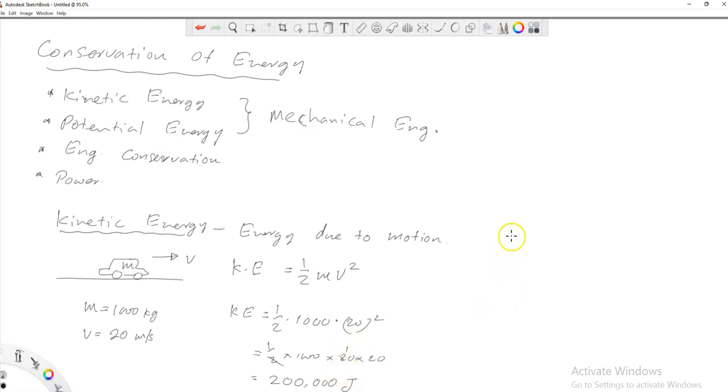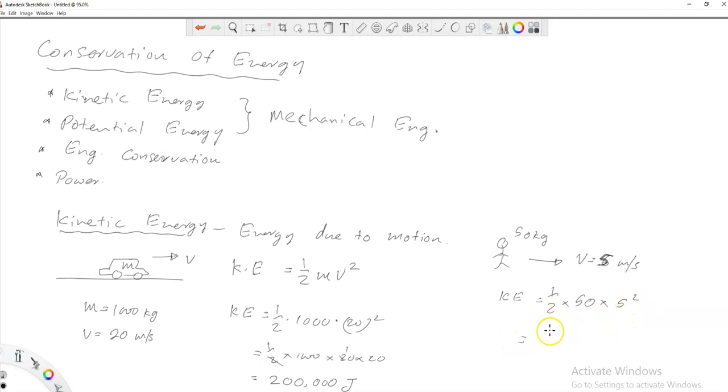Another simple example: a person of 50 kilograms running at a speed of 6 meters per second. Kinetic energy is half times mass times velocity squared. Let me say he's running at 5 meters per second, easy to work with, so 5 squared.